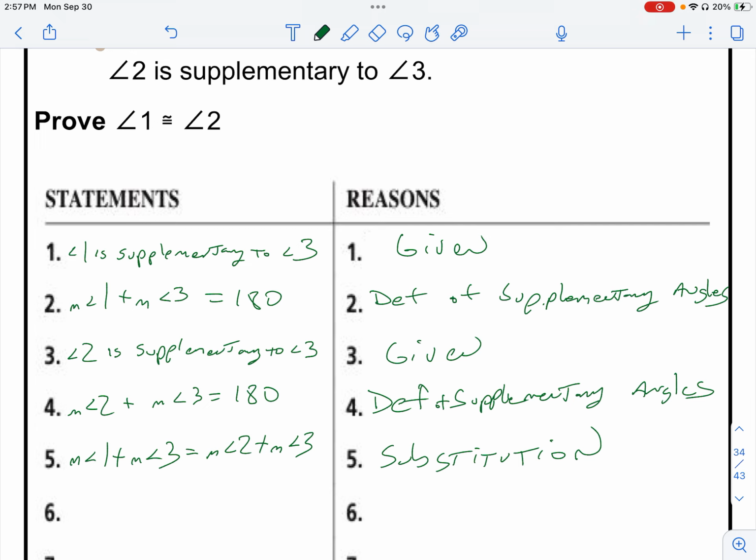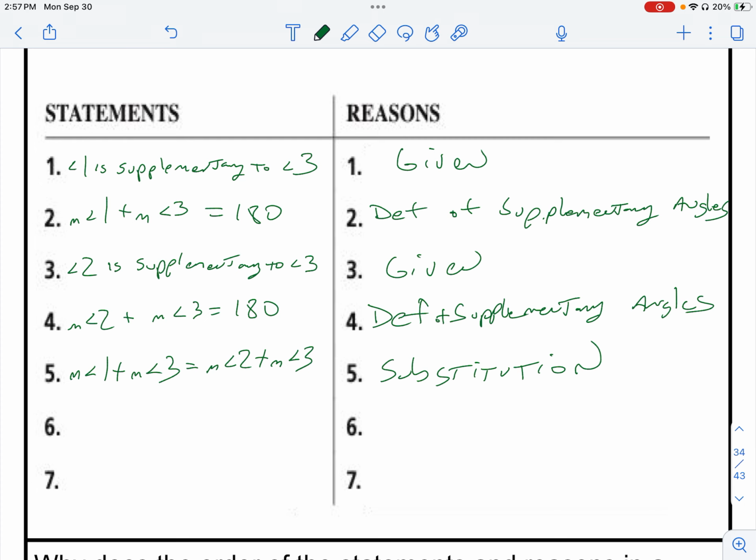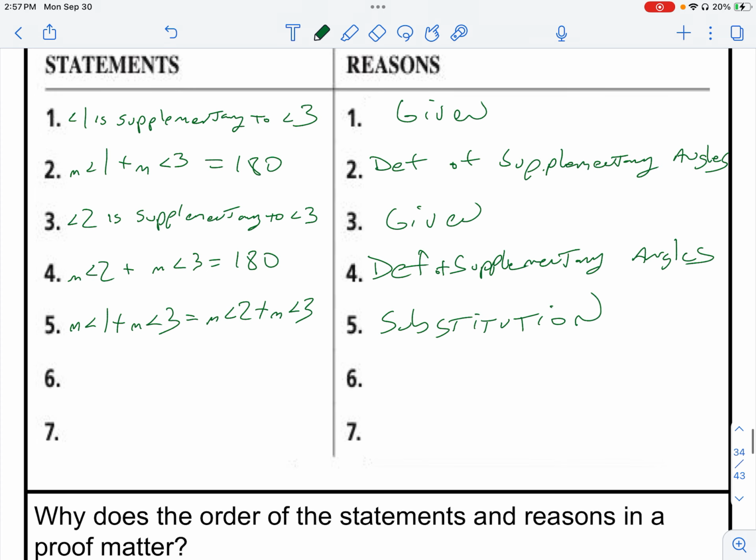We don't want to do that, because then it's not logical, it's not deductive reasoning, and we haven't achieved our goal. We're not proving anything. Well, we've got the measure of angle 3 on each side, and since these are numbers, we can just subtract that out. We can just use our subtraction property.